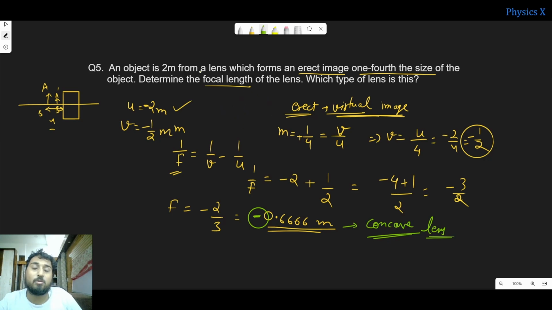If he is asking you to draw a rough ray diagram, you can draw accordingly. So the focal length is 0.66 meter. So this is your solution to this question.